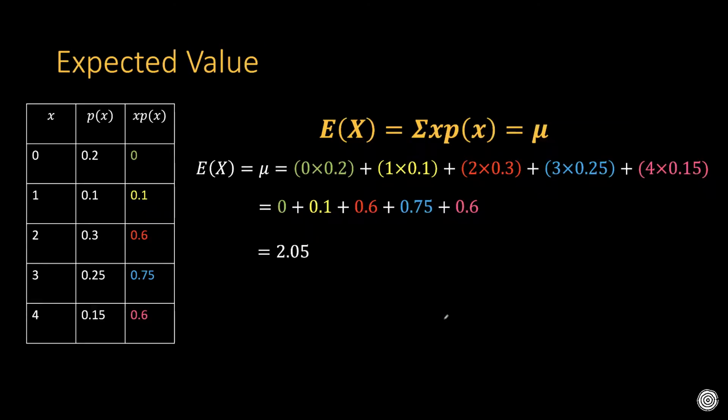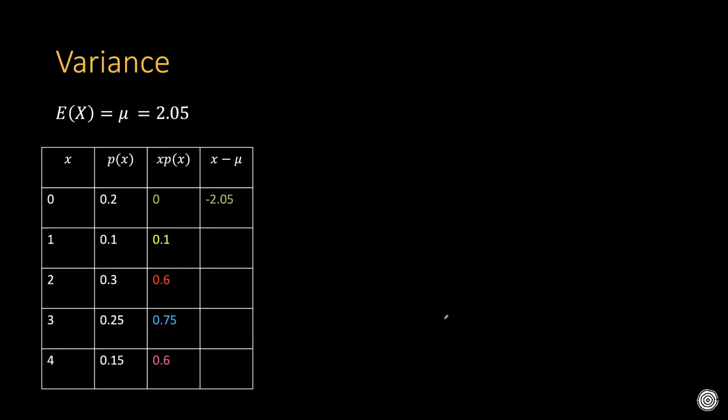So based on that example, let's now determine the variance of this set of values. The first step was to find the difference of each value from the mean. So that's simply 0 take away 2.05, then 1 take away 2.05, then 2 take away 2.05, 3 take away 2.05, and 4 take away 2.05, leaving me with those values.